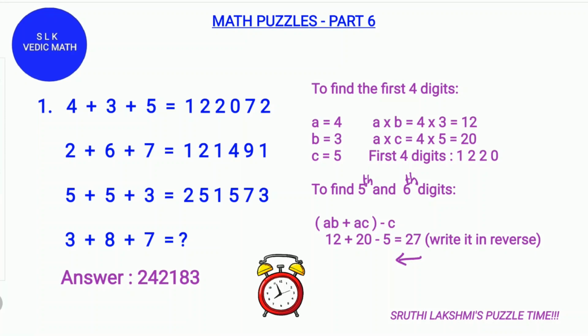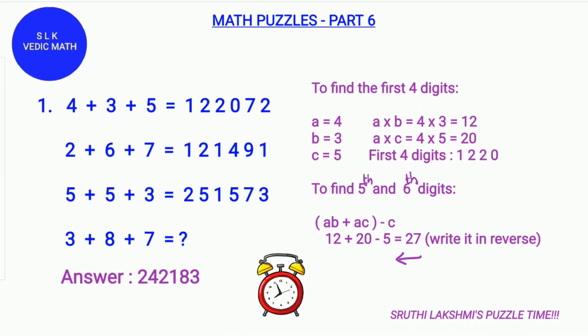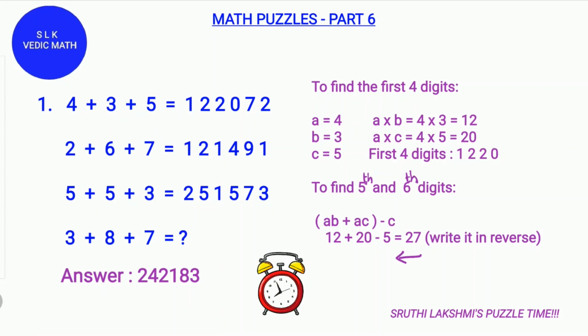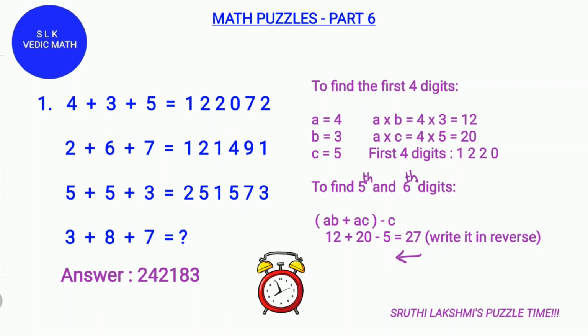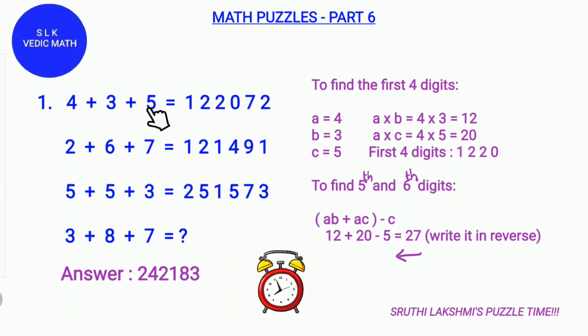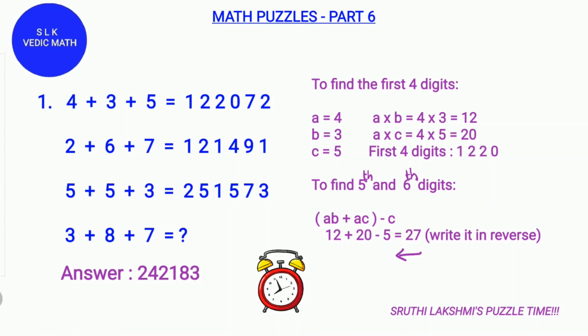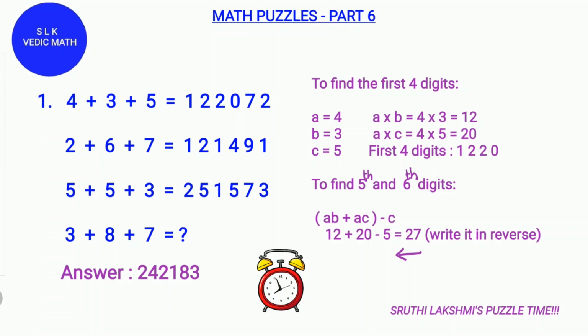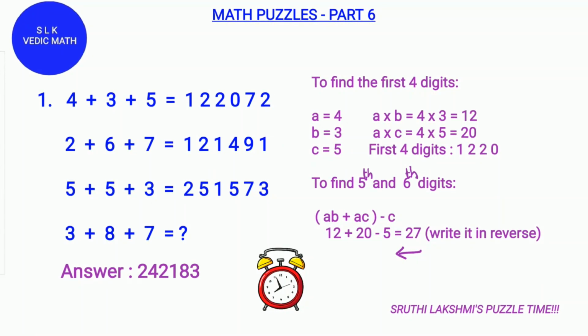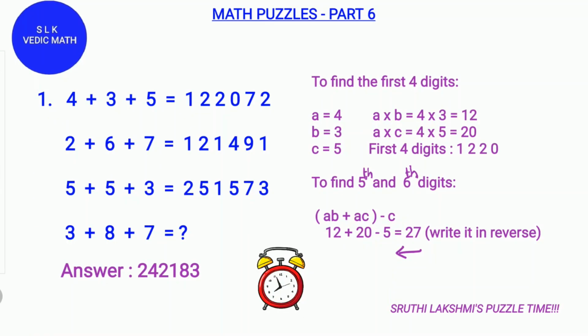Next, to find the fifth and sixth digits, we add 12 plus 20, which is 32, and we subtract the last digit, 5. So, 32 minus 5 is 27. We write 27 in reverse, which is 72.